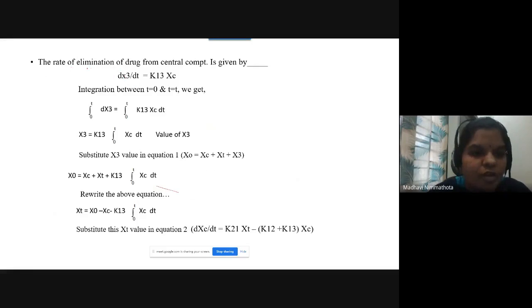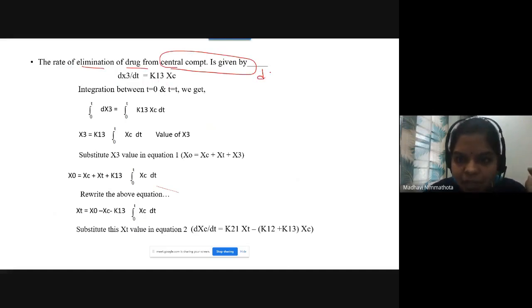The rate of elimination of drug from the central compartment is given by dX3. Here we are considering a third compartment for our drug elimination. That's why dX3 divided by dt equals K13XC.